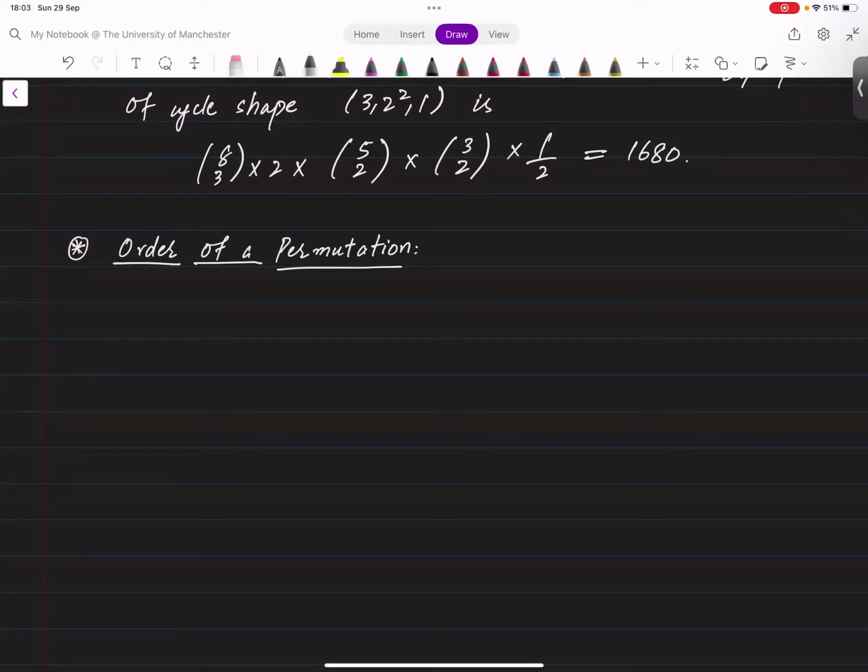Let's say F is the cycle (1 2 3 4 5) in S5.